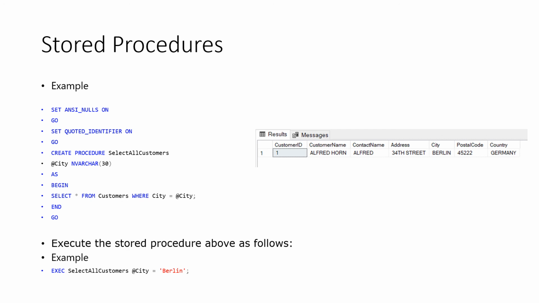For example, this whole script creates a stored procedure with some name and some input parameter, and this will just select all columns from customers where city is equal to the parameter passed. You can execute this stored procedure like this, and your output will be this.